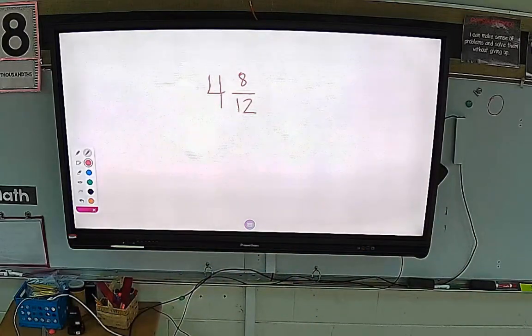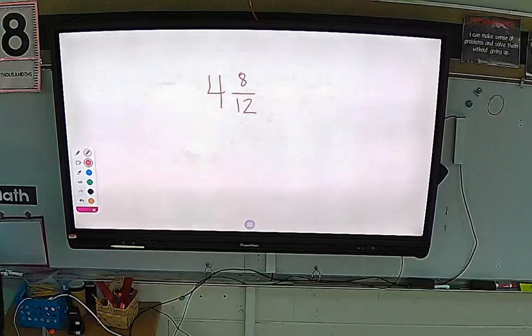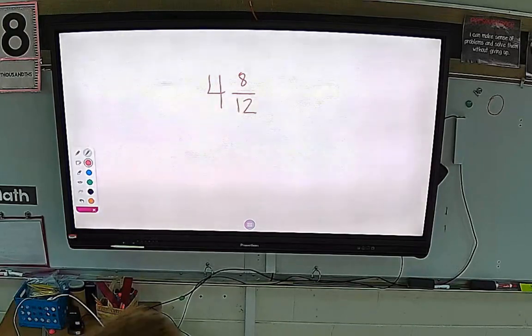You're changing it to an improper fraction. We did this over and over yesterday, several days last week. And I'll even give this hint. There are no number bonds right now.